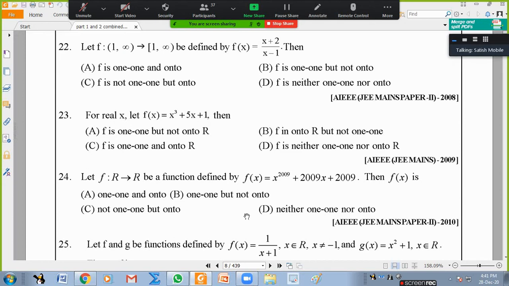No. Okay, then let us see maths and determinants. The page number for maths and determinants.